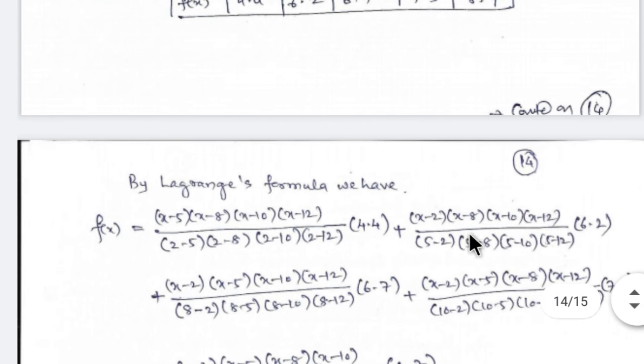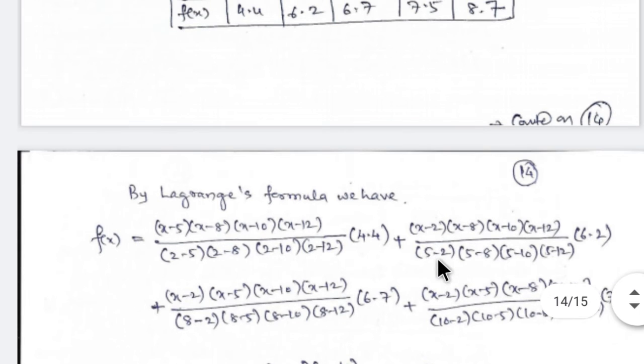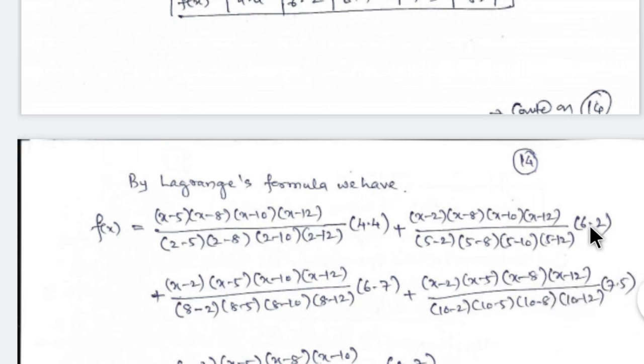Okay, 4 terms. Divided by, wherever x in the numerator, replaced by x1 here. Okay, x1 is 5: (5 minus 2)(5 minus 8)(5 minus 10)(5 minus 12). Here you have to write y1 value, that is f of x1 value, 6.2 here.